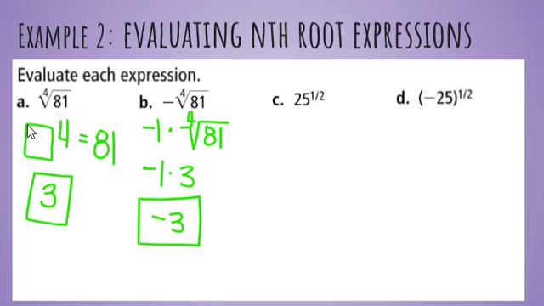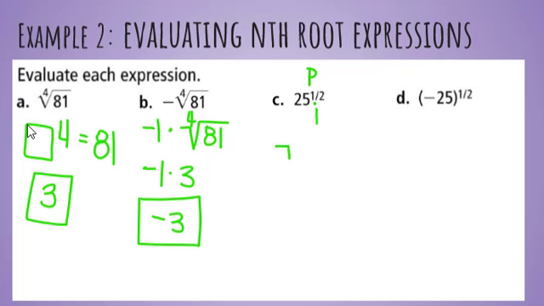So it's okay that this index was even, because this negative was in front of the radical, not inside with the radicand. So C again is looking at our rational exponent. We have 1 over 2. The 1, the numerator, is the power. The 2, the denominator, is the index.